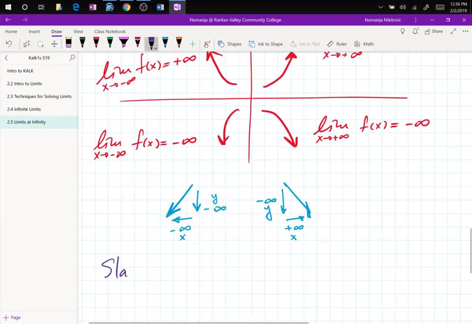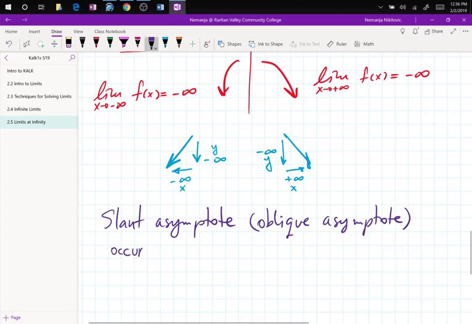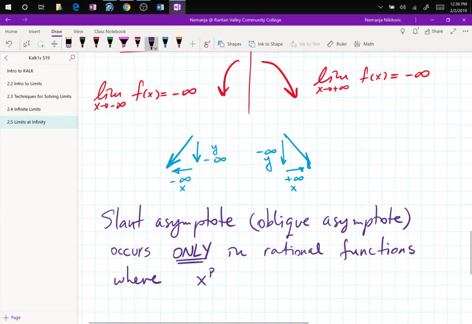Slant asymptote, also known as oblique asymptote, occurs only in rational functions where x to the p divided by x to the q, and q plus 1 is p.